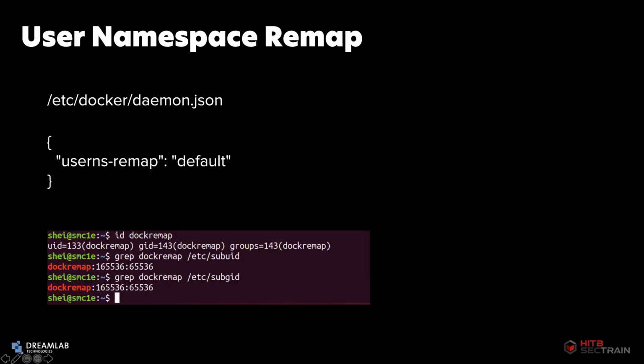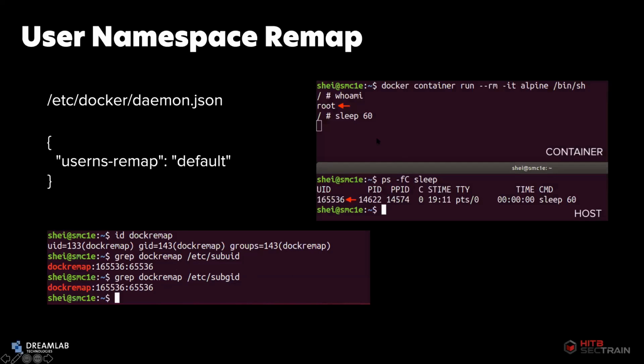After doing this, if you run a container, the user within the container is going to be root. But if we do the same thing that we did before, tracking the process on the host machine, you will see that the user running the process is not root. It's a low privilege user that belongs to dockremap.